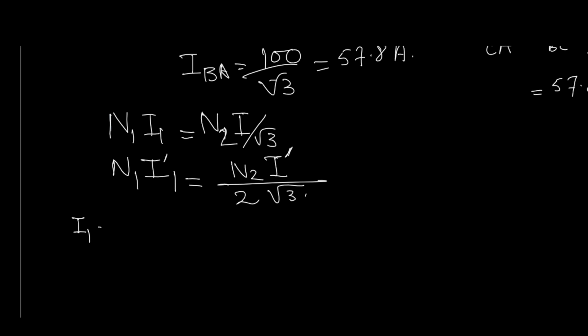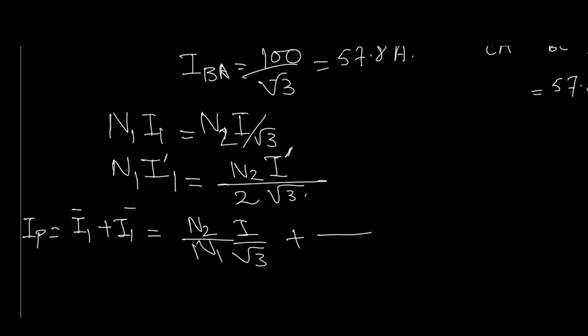Primary current. If I increase the primary current, I1 plus I1 dash will be N2 by N1 I by root 3 plus N2 by 2N1 I dash by root 3.